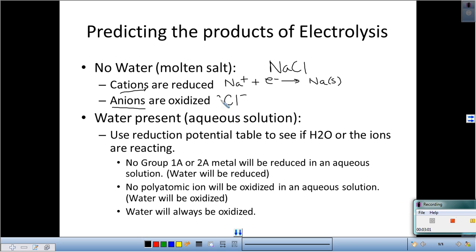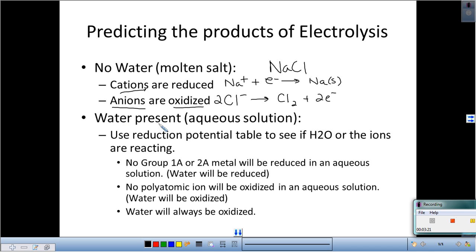So it would be 2 chlorides yields chlorine gas and 2 electrons. That's the reaction you'll find on the reduction potential table, just flipped as the reduction reaction. We want it to be the oxidation reaction, so we just flip it. So if it's a molten salt, the metal is going to be reduced, and the nonmetal, the anion, is going to be oxidized. And you can just calculate the E of the cell based on that.